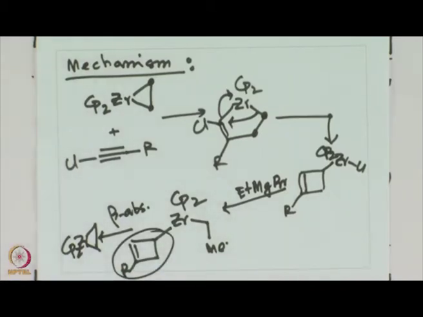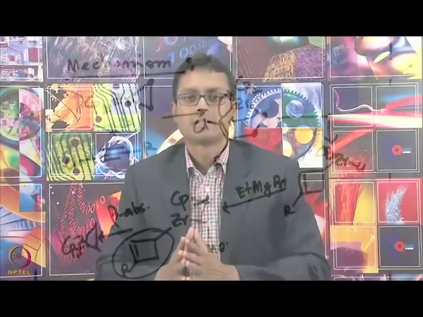So, this mechanism is as expected on a simpler note, where the zirconocene reagent is giving you the 3-membered metallocycle species that is originated from ethyl magnesium bromide, which then reacts with alkynyl halide to give rise to the 5-membered intermediate.